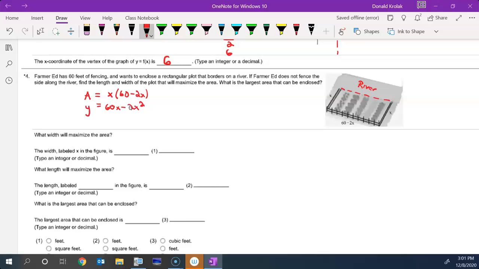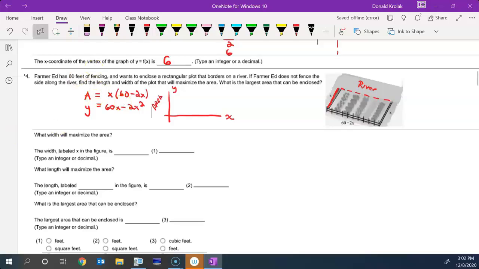Really, if you think about it, it's a parabola, okay, because it's got a squared term. X is going to be this length, and now the y coordinate is going to actually be the area. So when we plot this, this is going to be the width, and the y value is actually going to be the area.